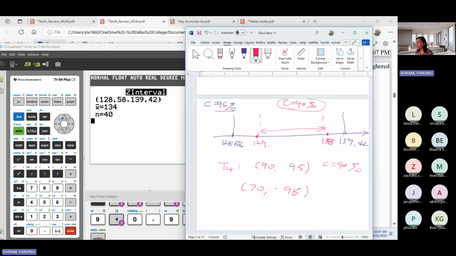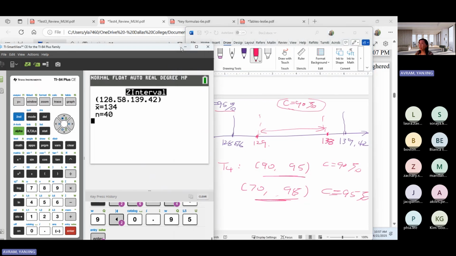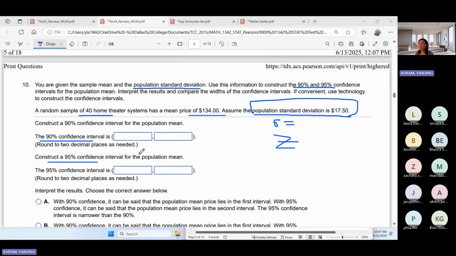I increase the interval, and some people say I have probably 95% confidence, because this interval is bigger. Now I have more confidence that I'm going to hit within this range, because it is much bigger than the other range. That is the confidence interval and the confidence level. That's a quick example for that.